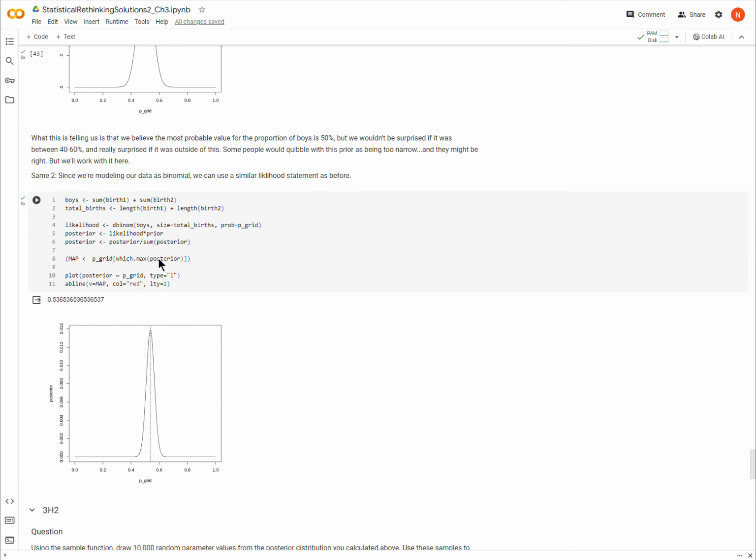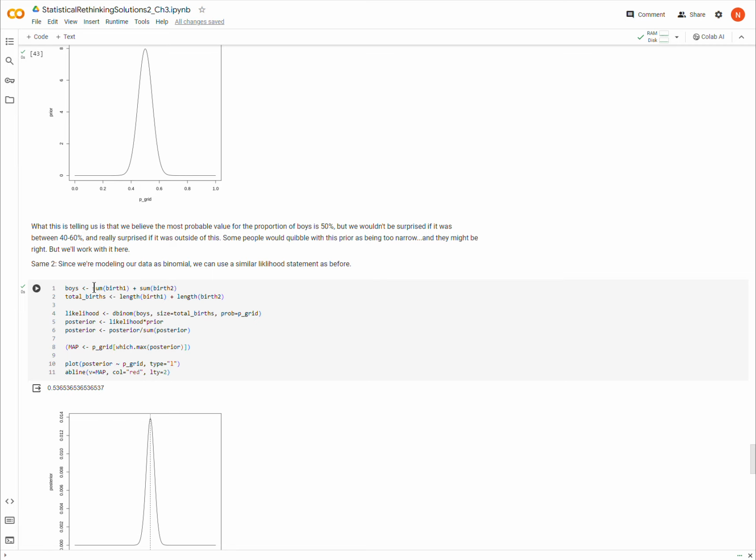But the basic premise was that we had a data set that had the sex of the firstborn and the sex of the secondborn, right? So these are families that have had 2 kids, and it records the sex of the first and the second.